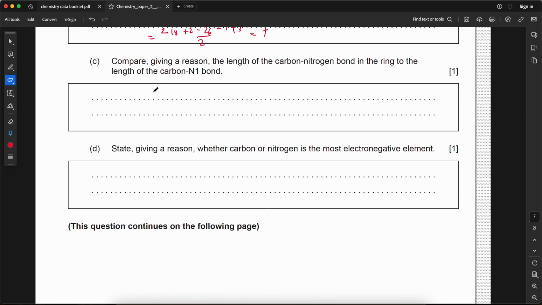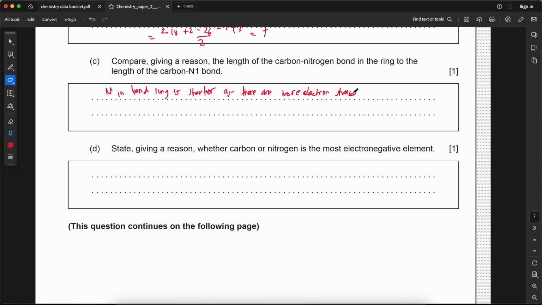Compare, giving reason, the length of the carbon-nitrogen bond in the ring to the length of the carbon-N1 bond. The C=N bond in the ring is shorter as there are more electrons shared.